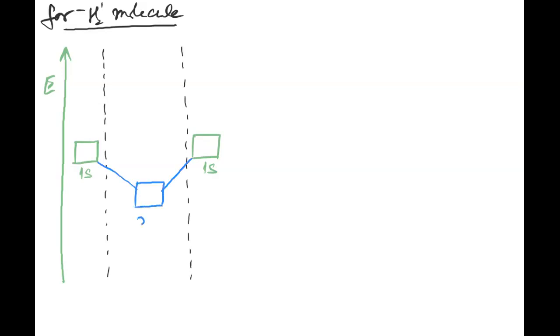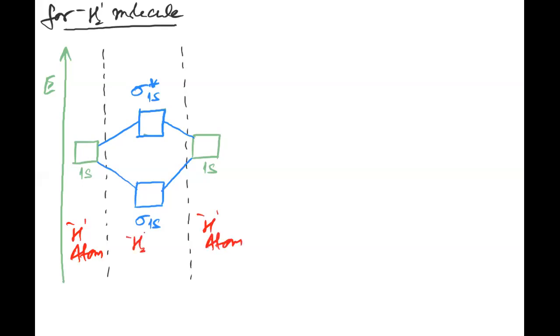One may be, let's say, sigma 1s, and another orbital here, you can say it is sigma star 1s. This corresponds to the hydrogen atom, and this is for the H2 molecule.